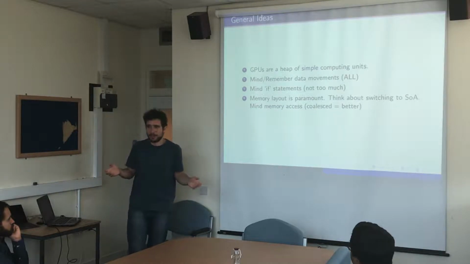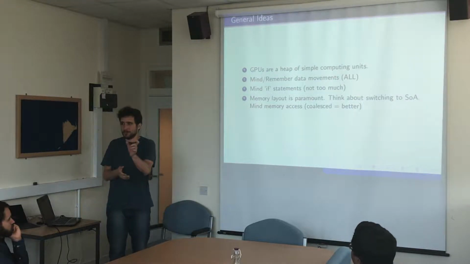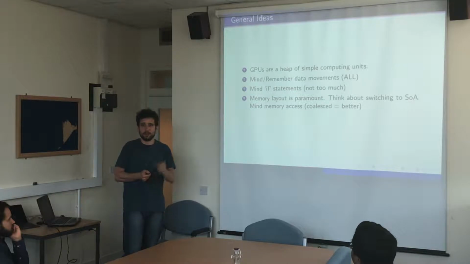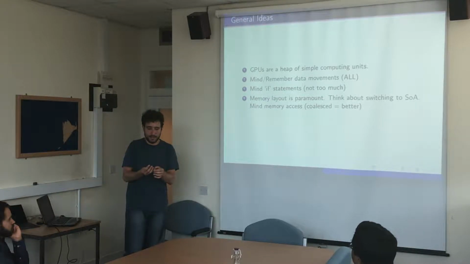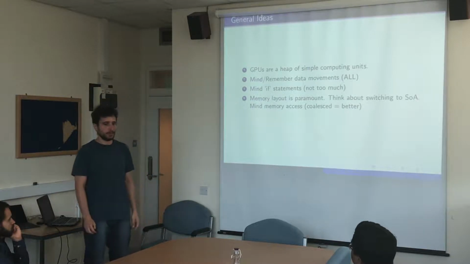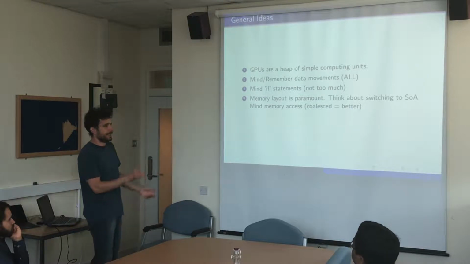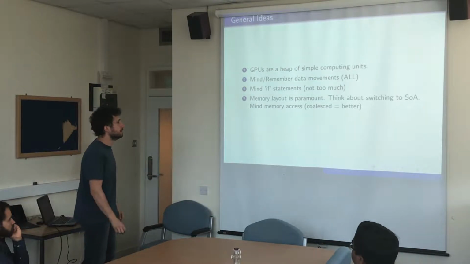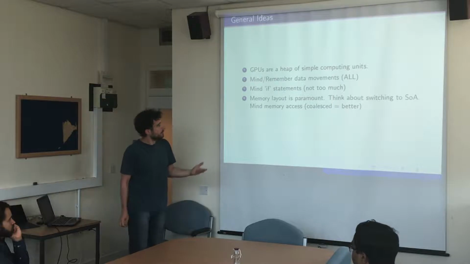An exception is actually graphics programming. In graphics programming, people usually have float4, and they use these small vectors to represent a vector, and they don't need more complicated memory layouts.